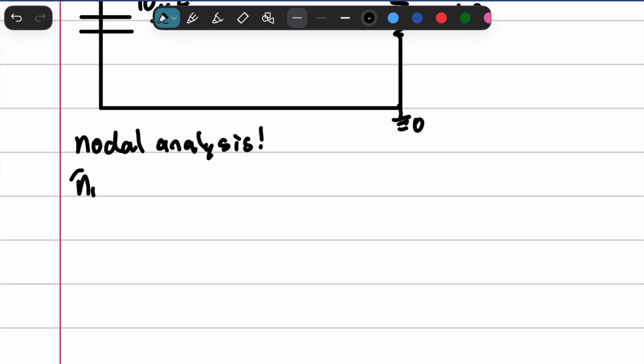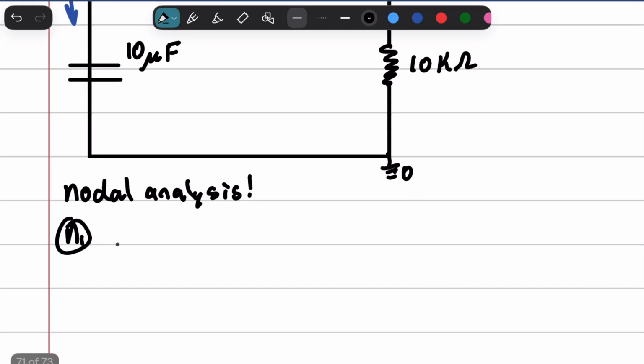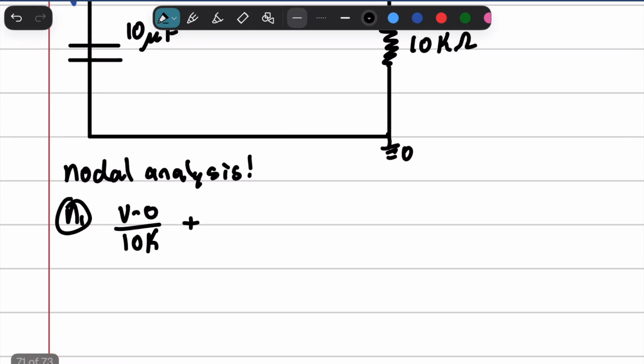So we're going to have N1 here and V minus 0 over 10K plus, and do we remember what our thing was? It was 10 microfarads times dV/dt, but I'm going to write it as V prime because I like it better, and I know it's with respect to time, and equals 0.